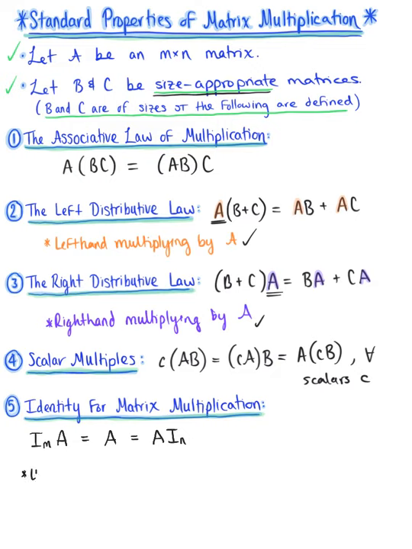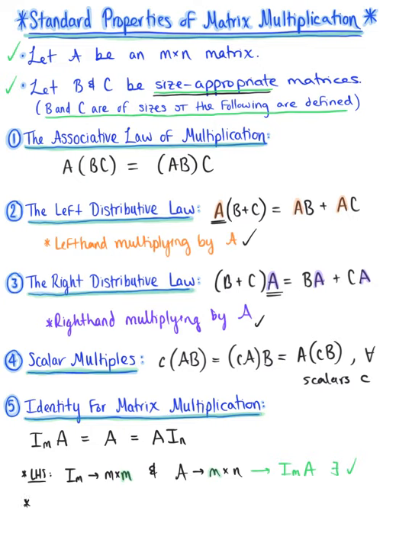So if we think about the left-hand side first, we know that I sub m is the m by m identity matrix, and we know that A is an m by n matrix. So we can see here that the number of columns of the first matrix equals the number of rows of the second matrix, implying that this product I sub m times matrix A exists. Woohoo!